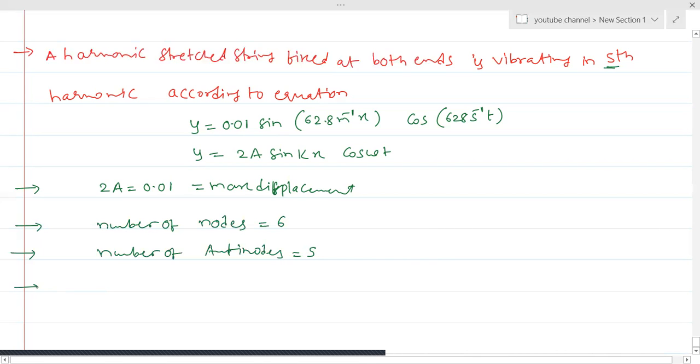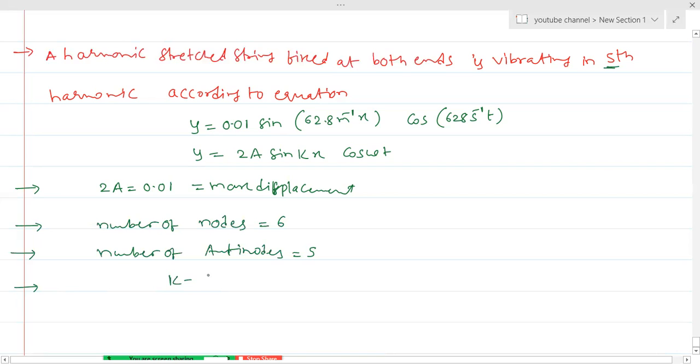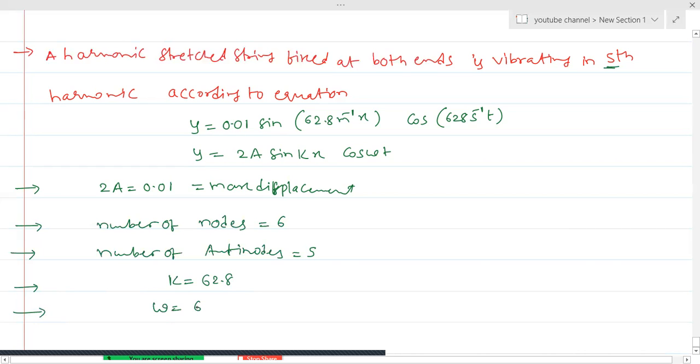Now the wave propagation constant k is equivalent to 62.8, and the angular frequency omega is 628.